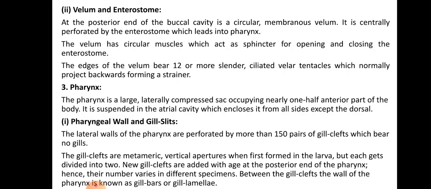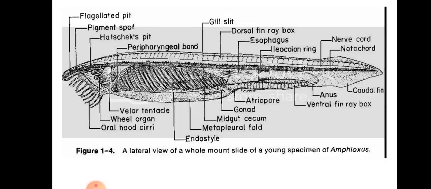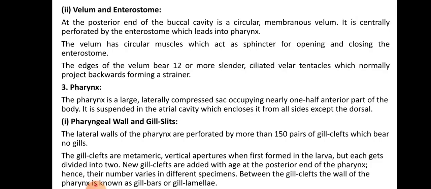Now from the enterostome, the water enters into the pharynx. The pharynx actually occupies the larger area of the alimentary canal. If you look at this picture, you will get an idea. The region beyond the velar tentacles till the atriopore, with the striations that you see, are the pharyngeal gill slits, and this occupies the major portion of the alimentary canal.